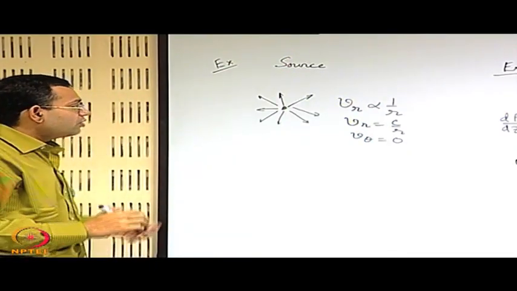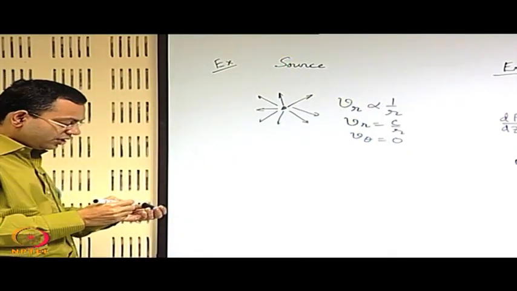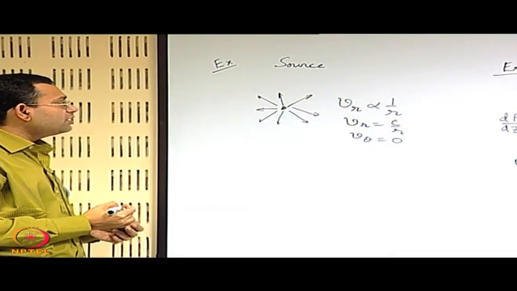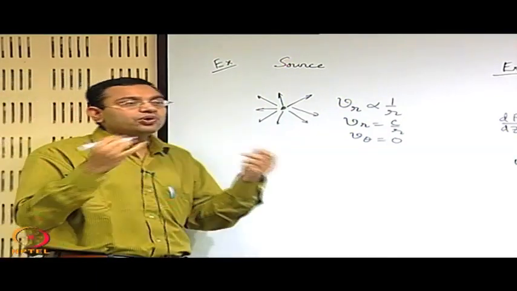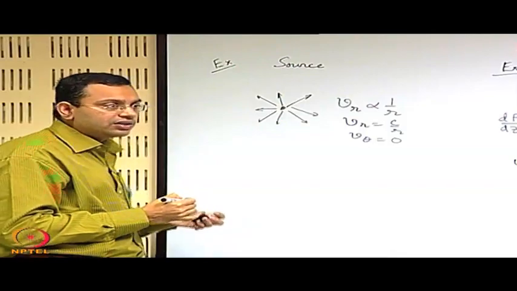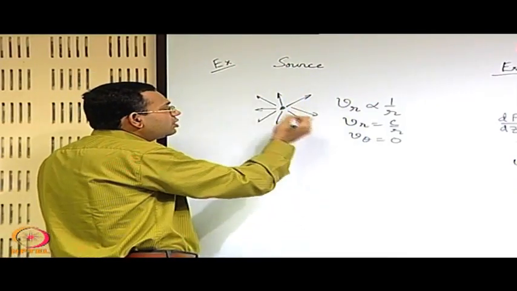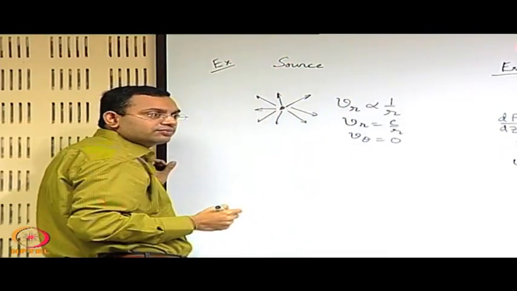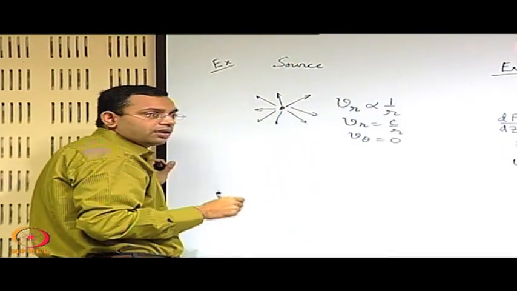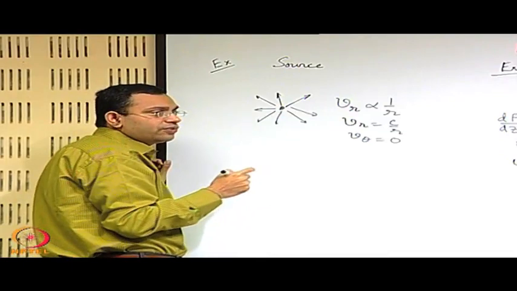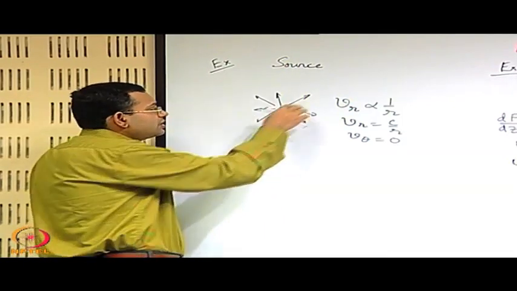Now how is the source defined or designated? It is designated by the rate of flow from the source. So how do you find out the rate of flow from the source? If you consider an imaginary circle located at a radius r from the center, then what is the rate of flow? This is a planar thing.